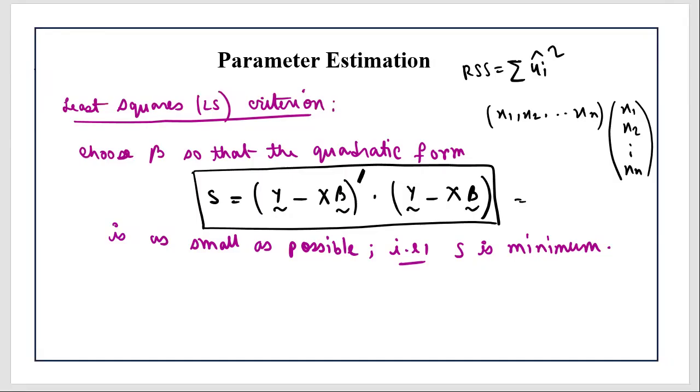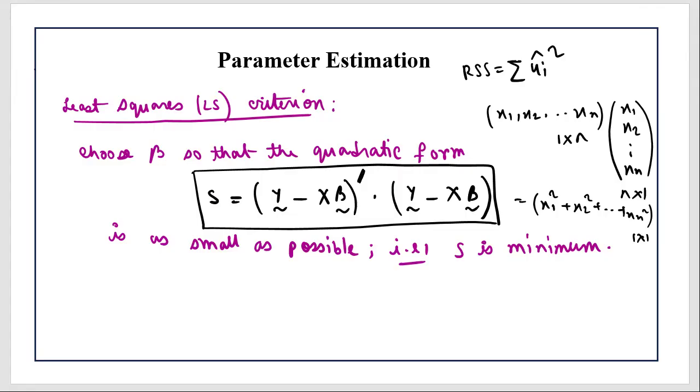So here you have only one row, and here you have n columns. What will be the form? It will be multiplication: x1 square plus x2 square all the way up to xn square. So it will be a 1 cross 1. This will be a scalar quantity, right?